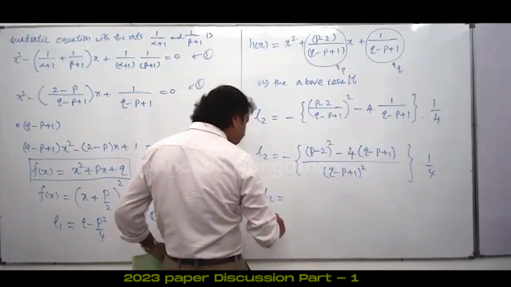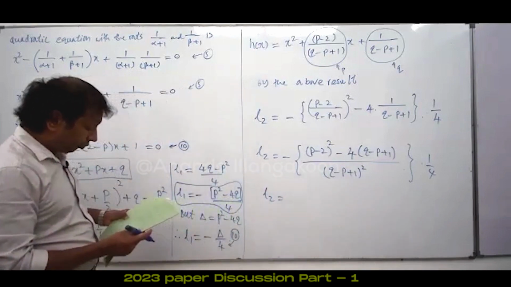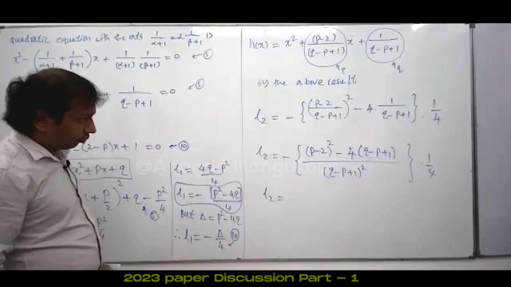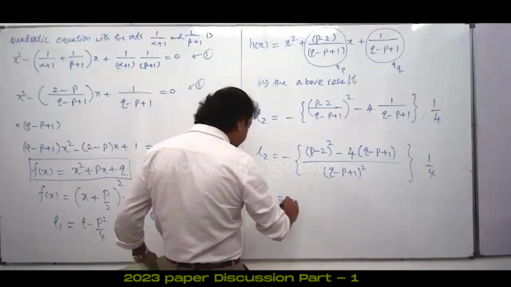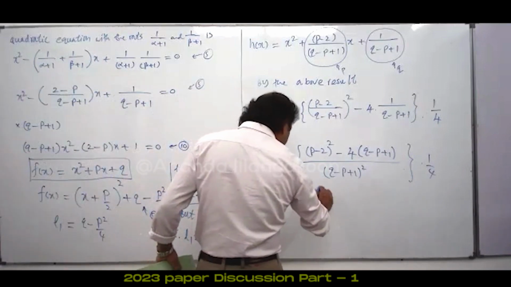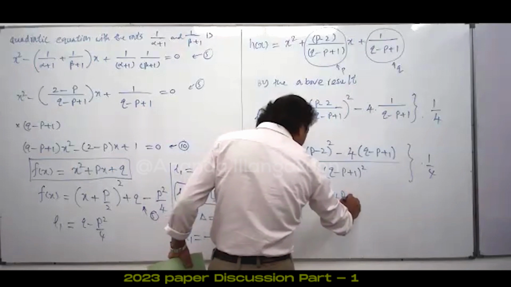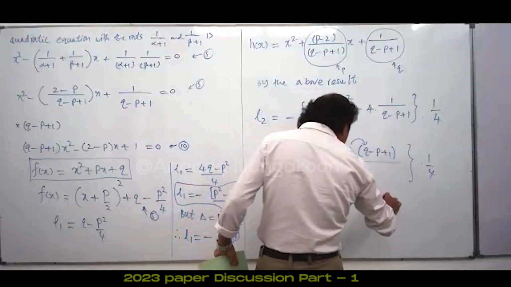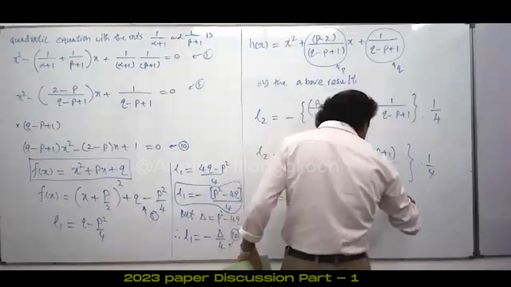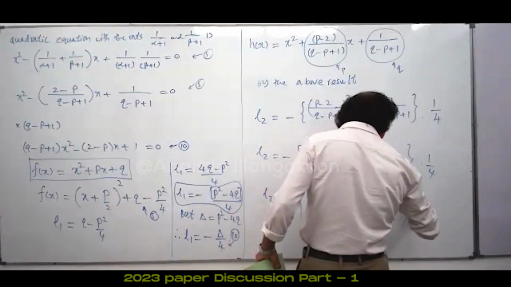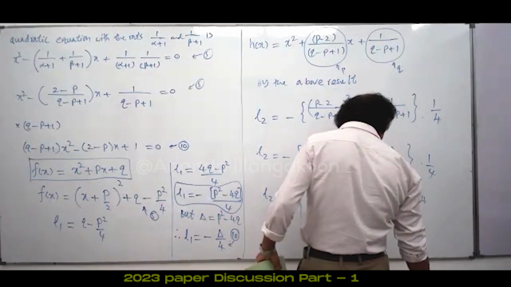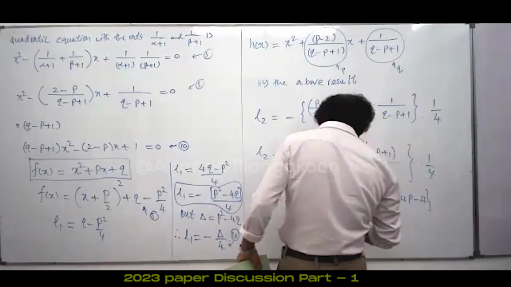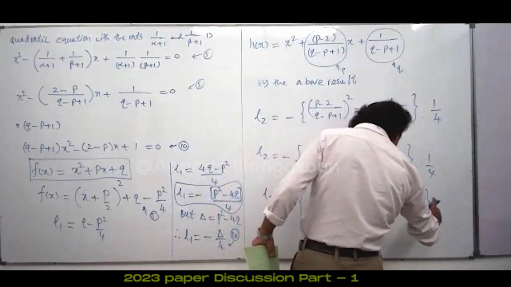L2 minus P squared minus 4P plus 4. Remove the bracket. Minus 4Q plus 4P minus 4. Let's see.